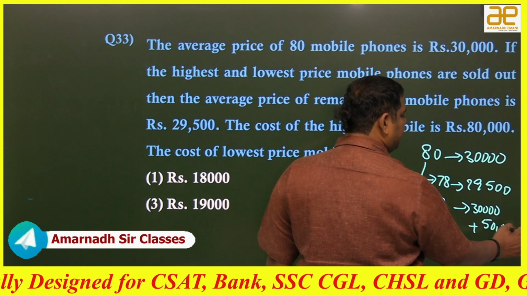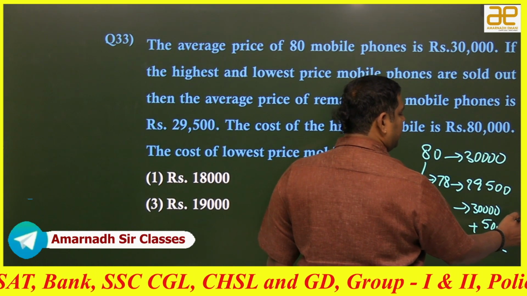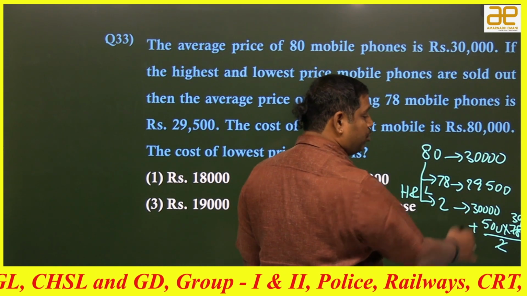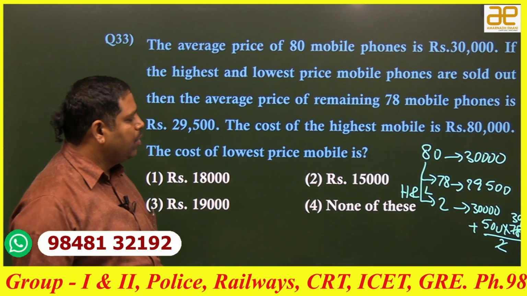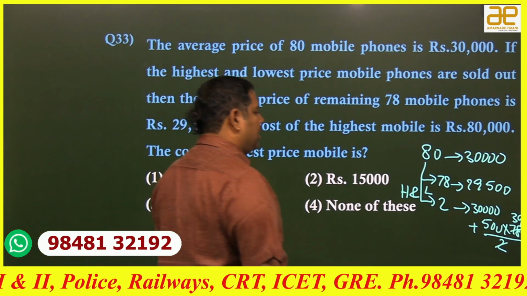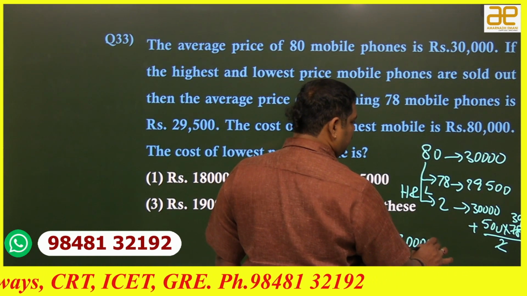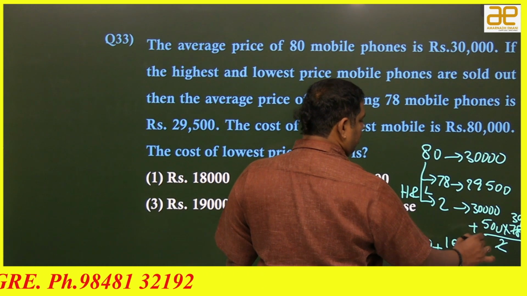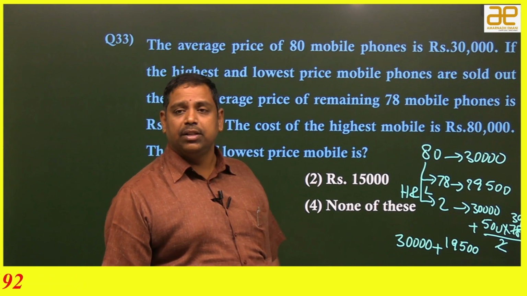Like that 78 observations, whatever is there, that should be distributed to 2 members. 39. Okay. So if you add it, this is the average only, not the total. 39 into 500 is 19,500. So 30,000 plus 19,500. Yeah, good.